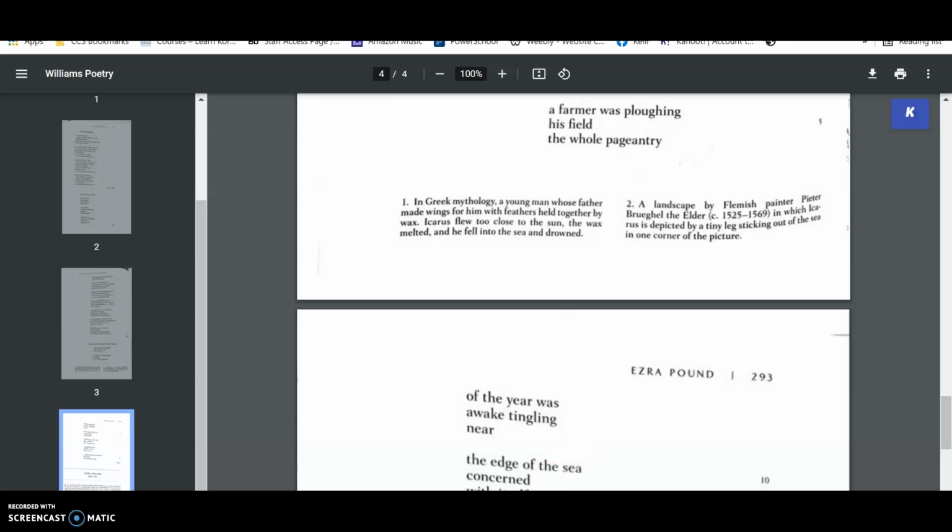In the picture, you have all this natural life going on. You have animals, you have birds, you have the fishermen. Everybody is busy living their life here.